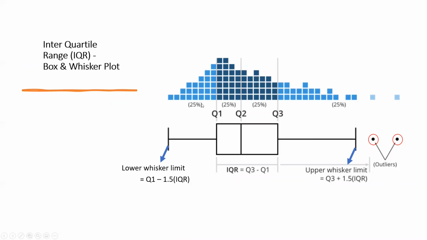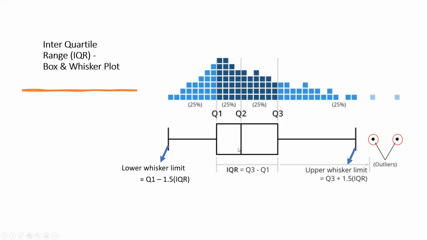Let's just go one by one. The box and whisker plot is normally used when you want to show a little bit more information about a distribution. The top histogram is not showing any information. At max, you can show mean or standard deviation, but the box and whisker plot shows a lot more information.